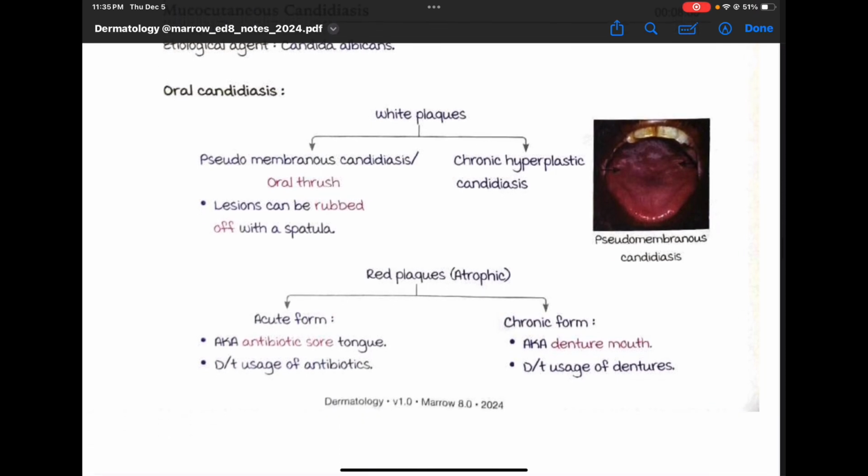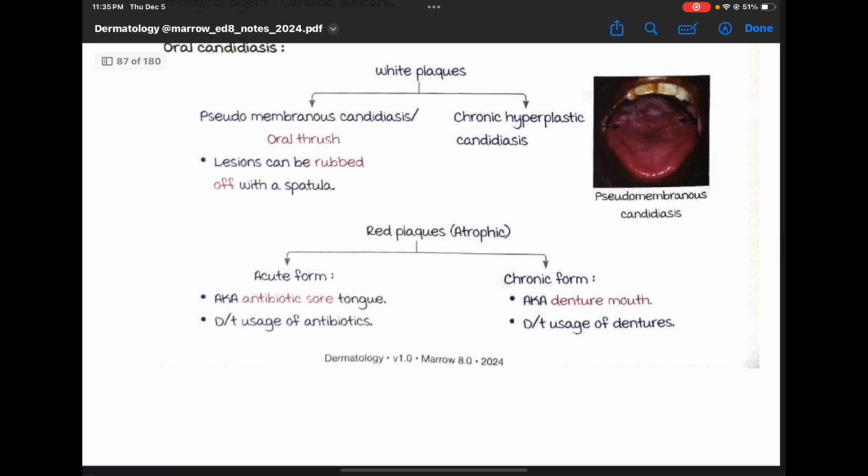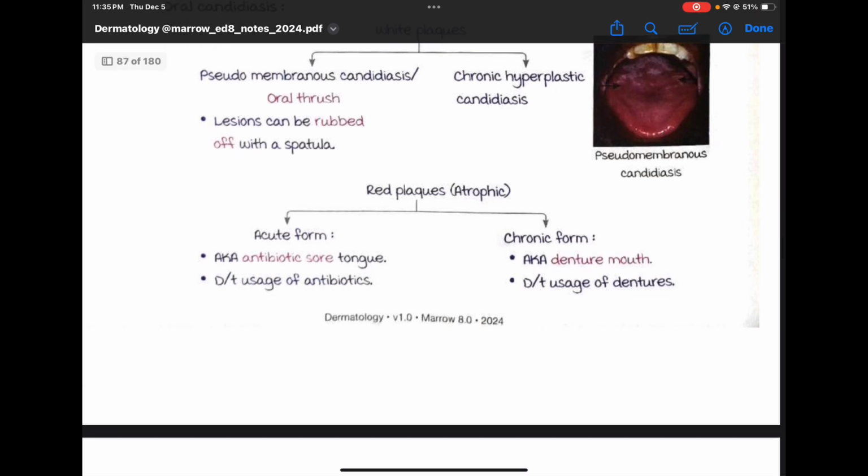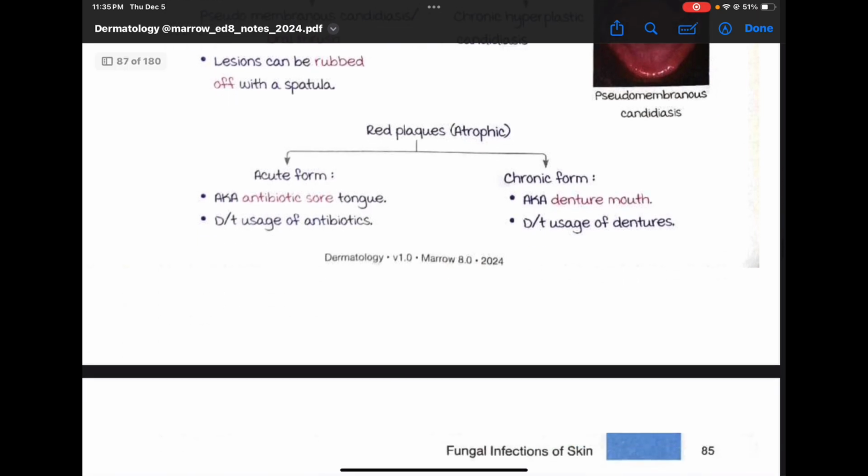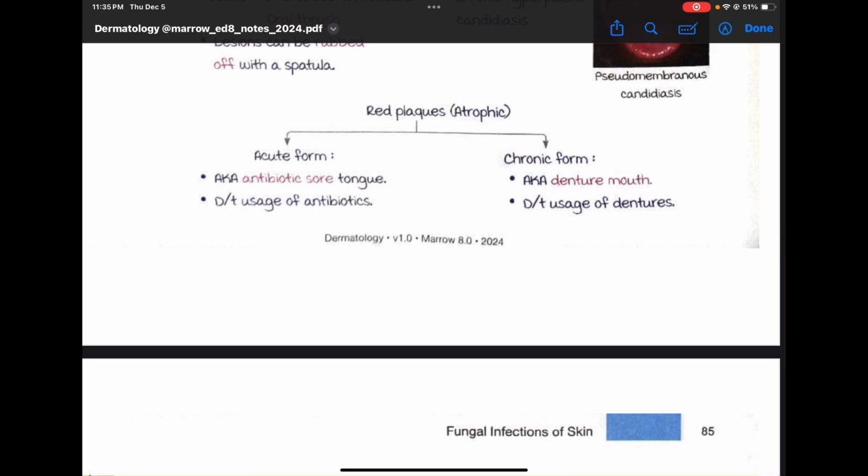Oral candidiasis, white plaques, pseudomembranous candidiasis, oral thrush. Lesions can be rubbed off with a spatula. Chronic hyperplastic candidiasis. Erythematous candidiasis, red plaques, atrophic, acute form known as antibiotic sore tongue due to usage of antibiotics.